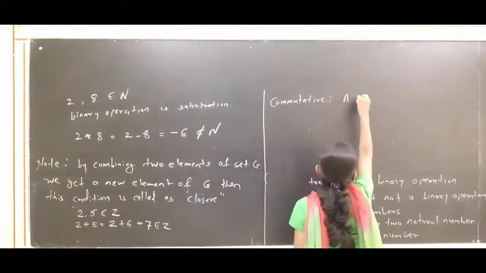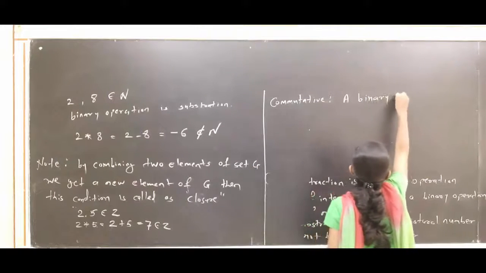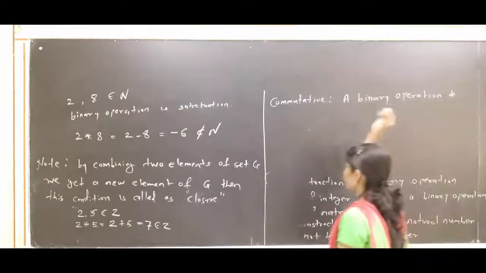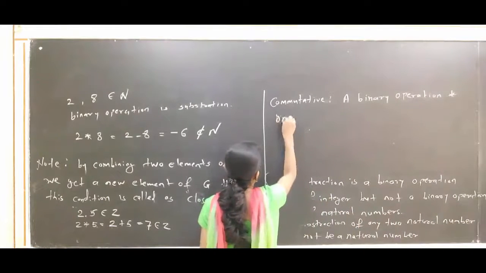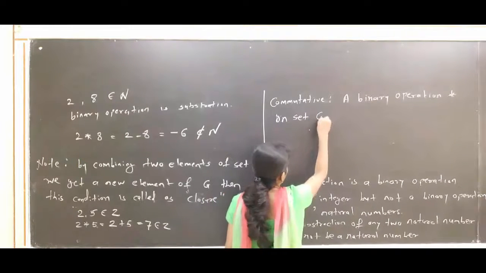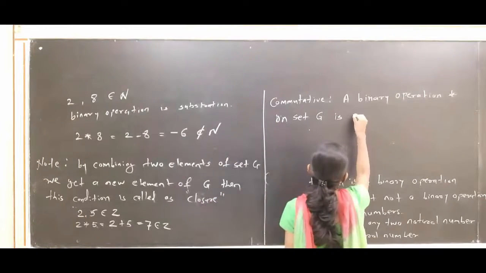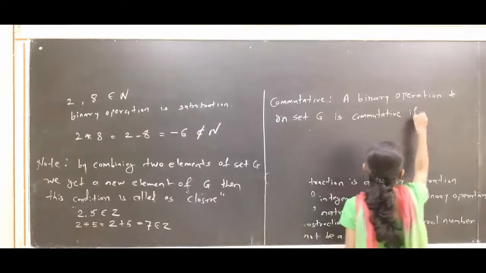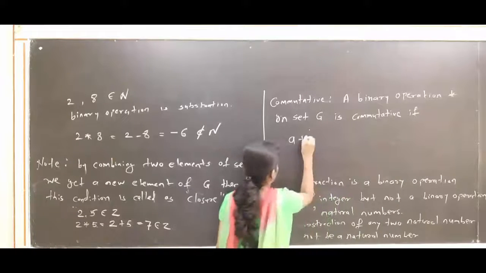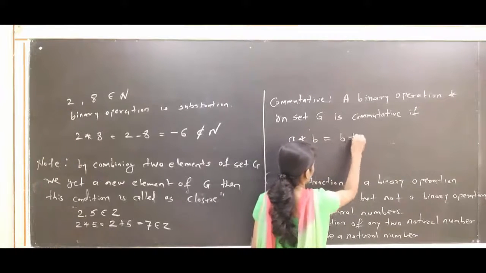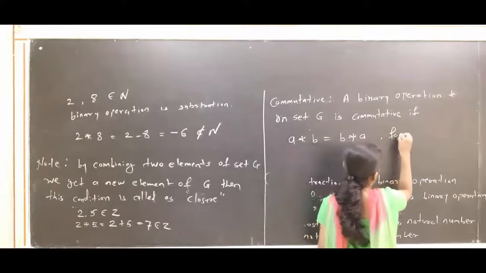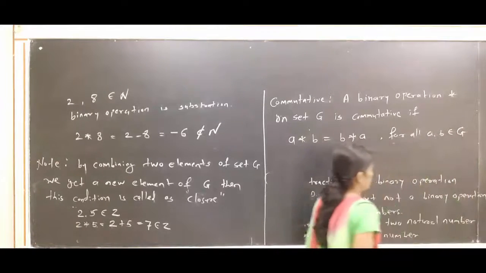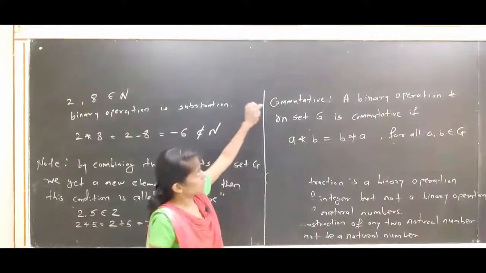Now next point, commutative. A binary operation star on set G is commutative if a star b is equal to b star a for all a, b belonging to set G. Okay, so see here what is meant by commutative.